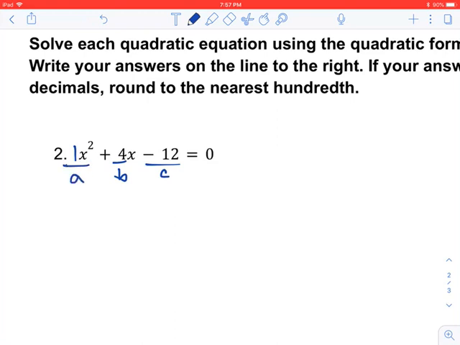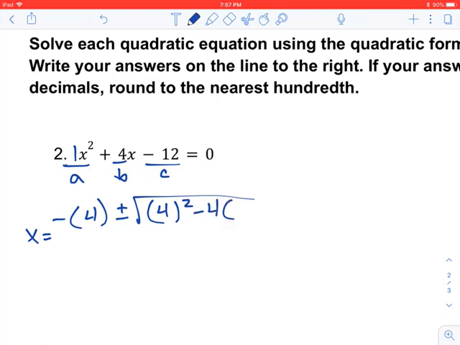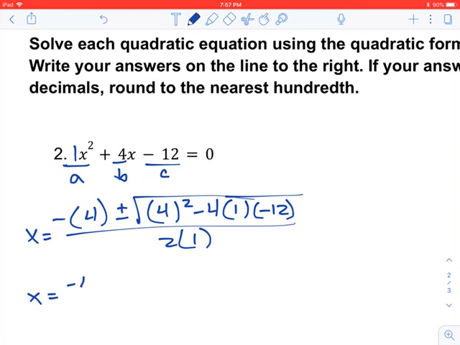So x equals -4 plus or minus square root of 4 squared minus 4 times a, which is 1, c, which is -12. All of that over 2 times a, which is 1. And so as I go through, -4, under the radical I have 4 squared is 16 minus 4 times -12, which is 64, all over 2.